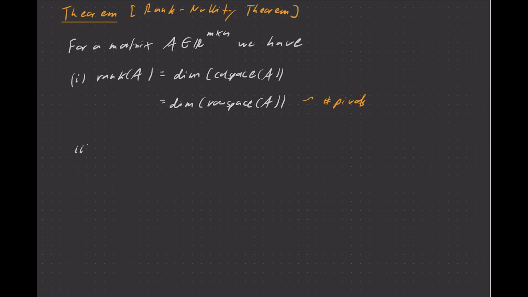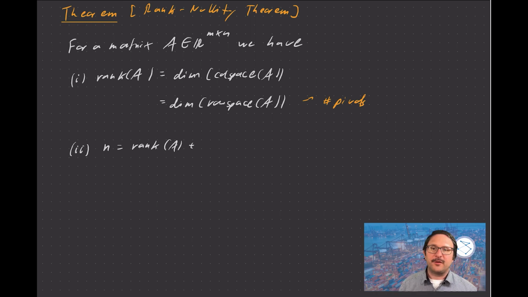And second, the number n, the number of columns of that matrix, is the rank of A plus the number of free variables. And the number of free variables is the dimension of the kernel of A.